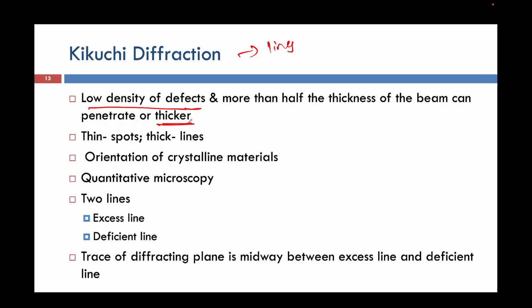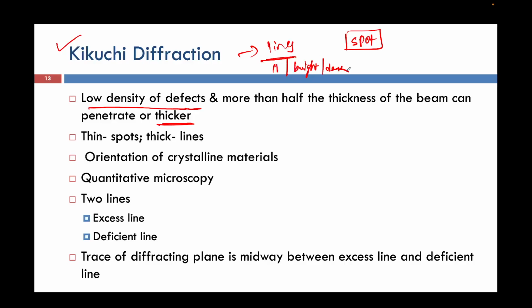When the material is thinner, we get spot diffraction. When the material is thicker, we get Kikuchi diffraction, which gives us different lines, and those lines are always parallel, with one bright line and another dark line.